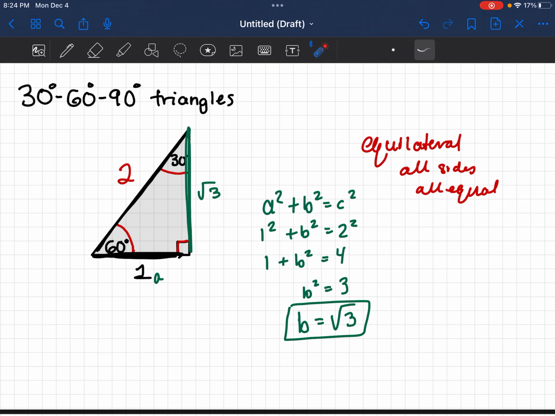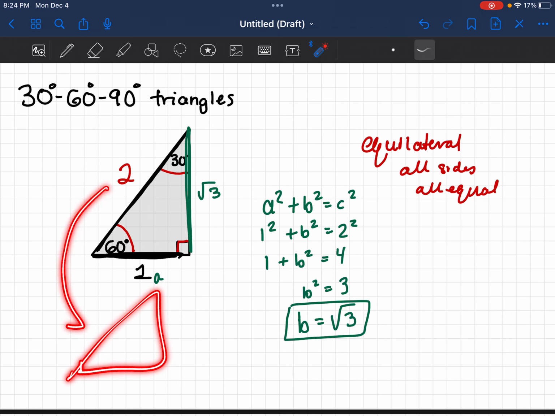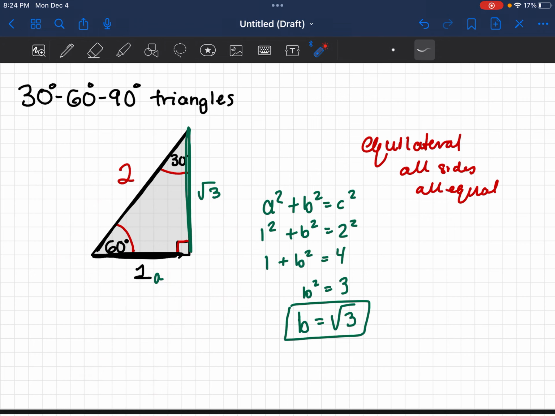That means that any other 30, 60, 90 degree triangle would have the same scale factor from these. They would all be multiplied by the same number because the 60 degrees and the 30 degrees prove that those two triangles would be similar. So let's see how we can actually use that.